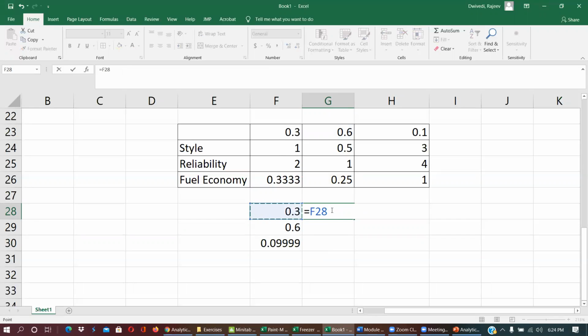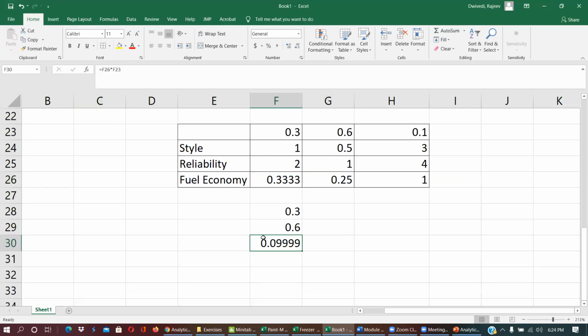So this is F25, which is correct, multiplied with F, which is correct. And this is F26 with, this is correct. And then this multiplied with this.